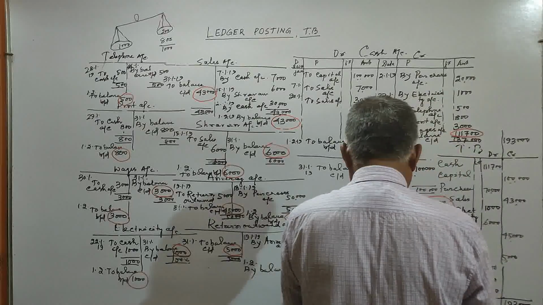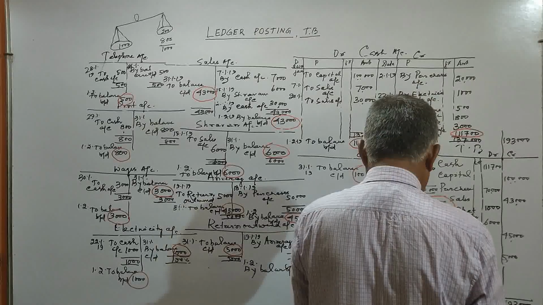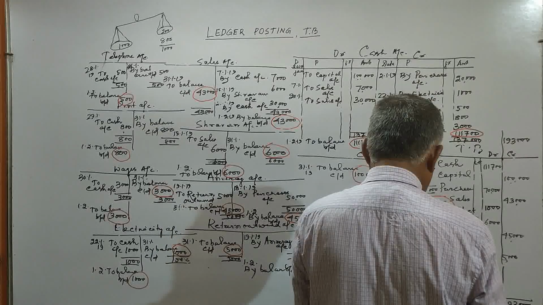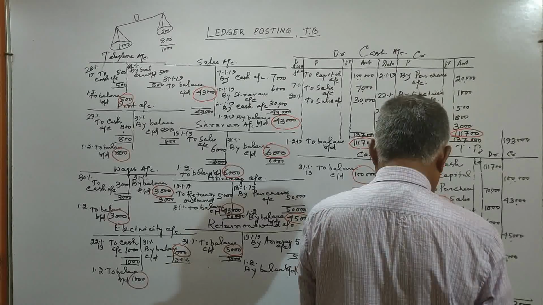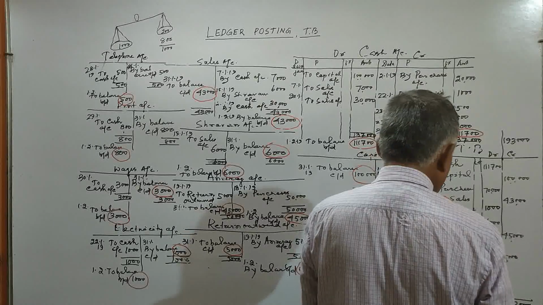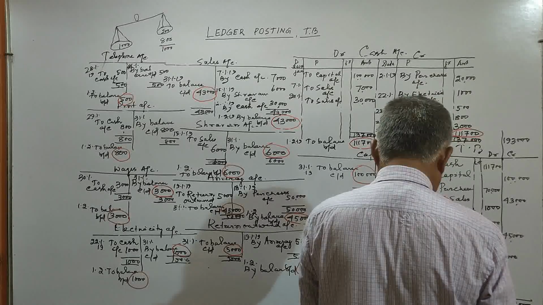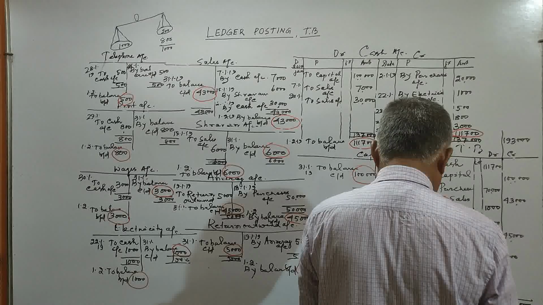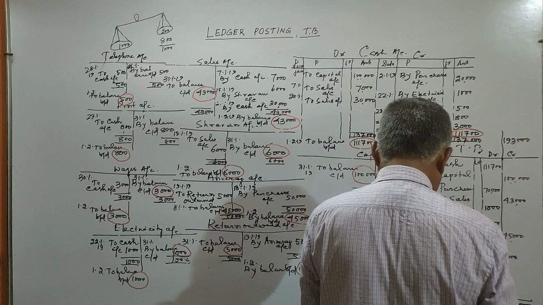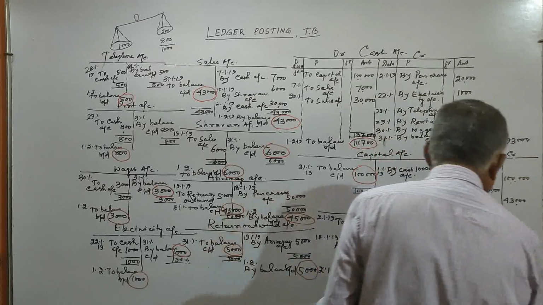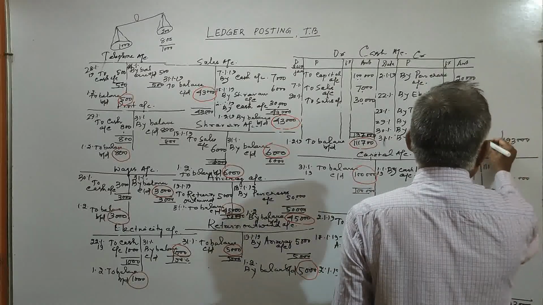Now debit side, 1,93,000 both the sides.